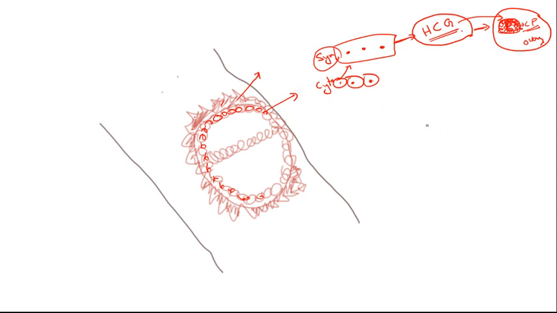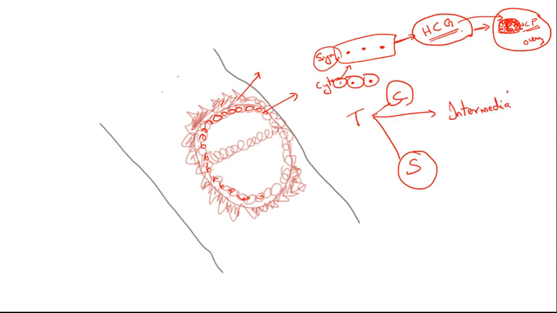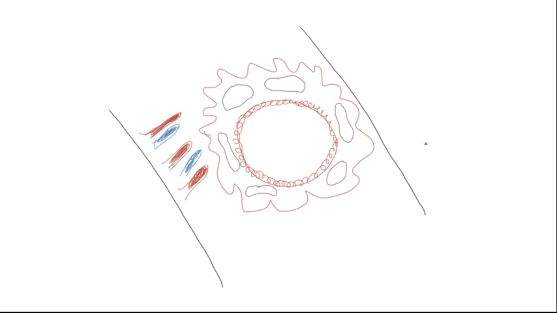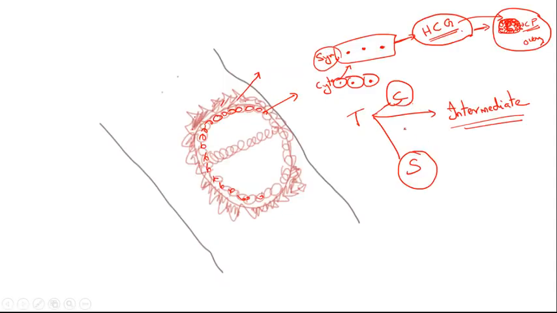Now intermediate trophoblast. So in trophoblast, we have cytotrophoblast, syncytial trophoblast, and in between is what is called intermediate trophoblast. Since they have properties intermediate between cyto and syncytial, it's called intermediate, and they are further divided into three.